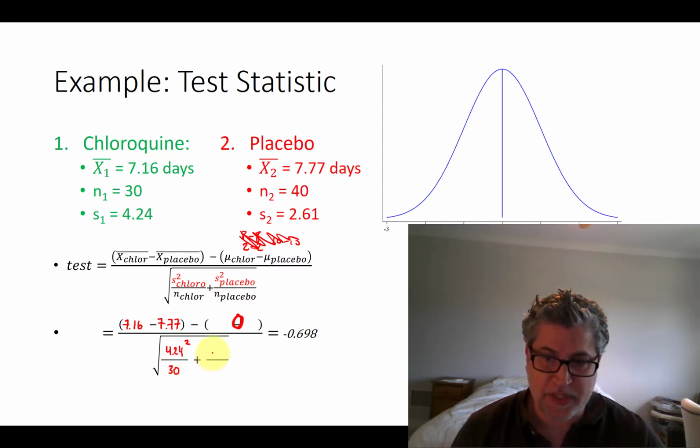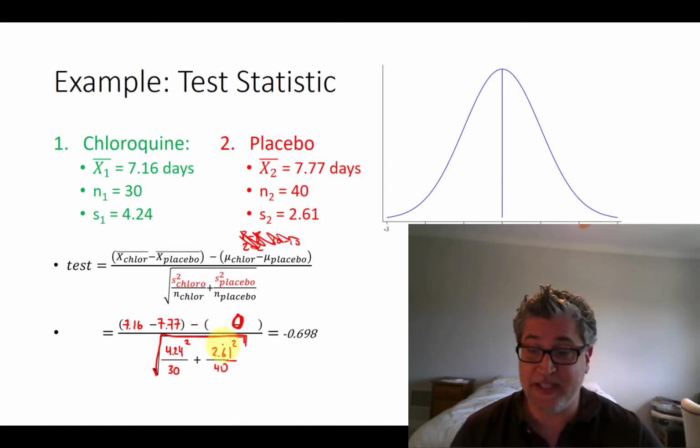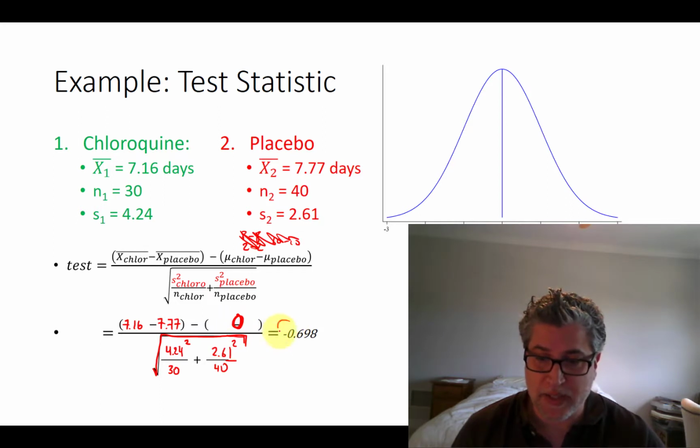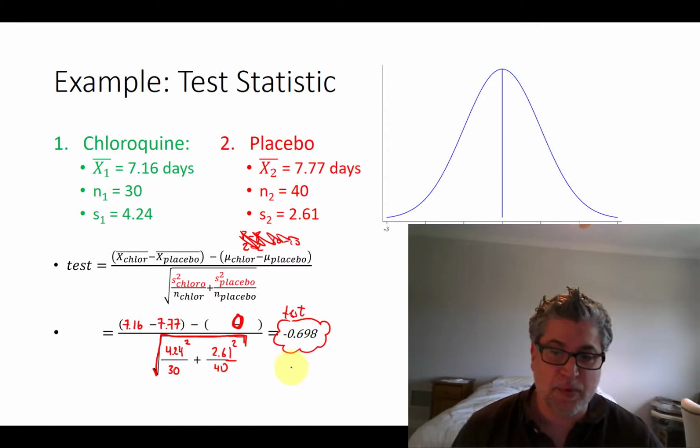The variance from the placebo, that's the standard deviation squared, divided by that sample size, and then we take the square root of this whole thing. You just plug that into a calculator, and if I did that right, we get this. Here's our test statistic: negative 0.698.